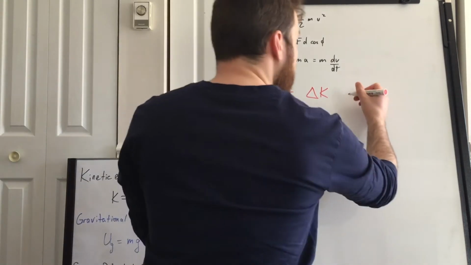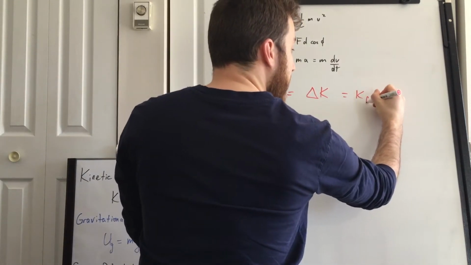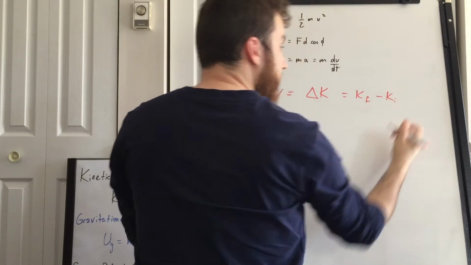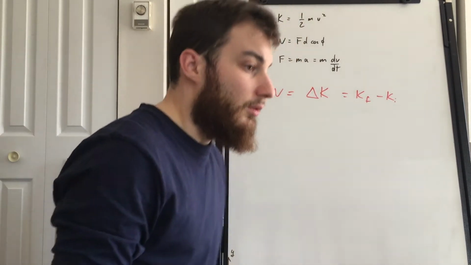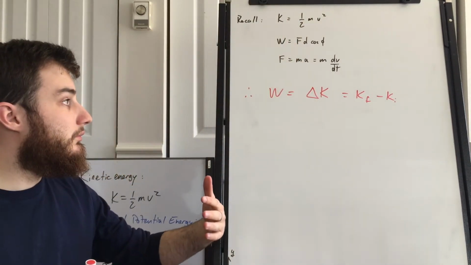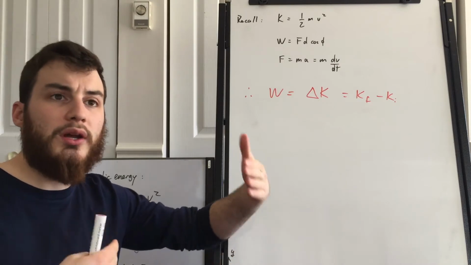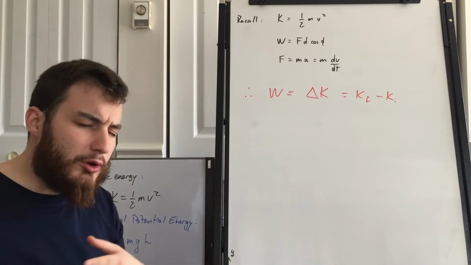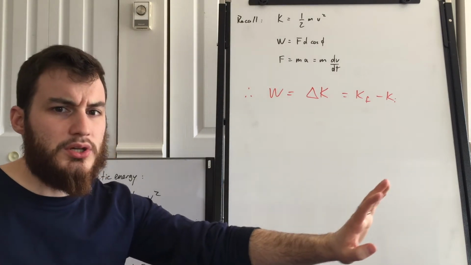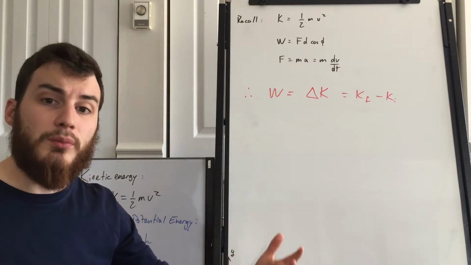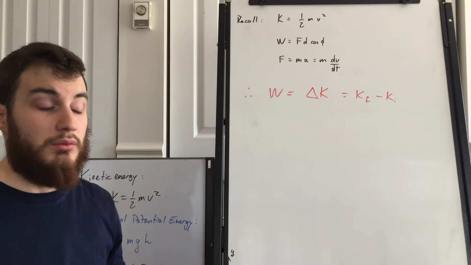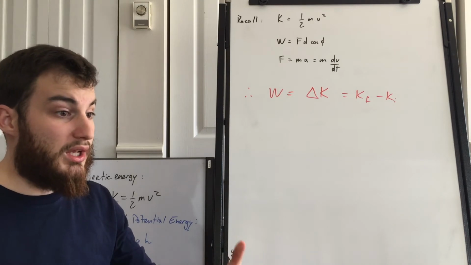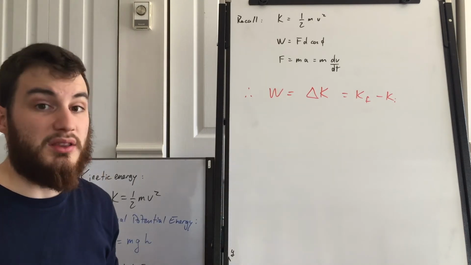For this, we really only look at the final state and the initial state of the situation where we're interested. This initial and final state don't have to be the very beginning and the very end of the situation. They just have to be two different moments of the situation. In between, there will have been a work done by this amount.